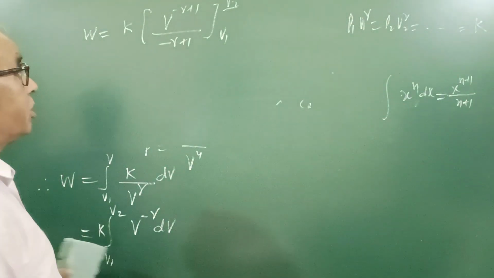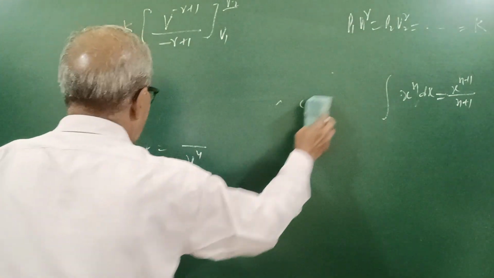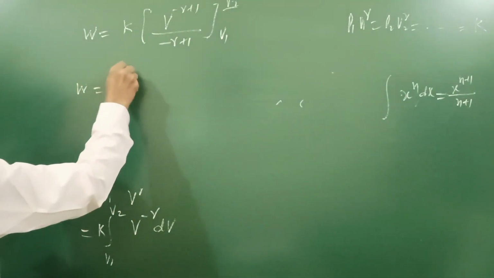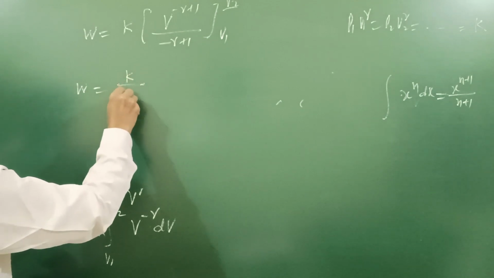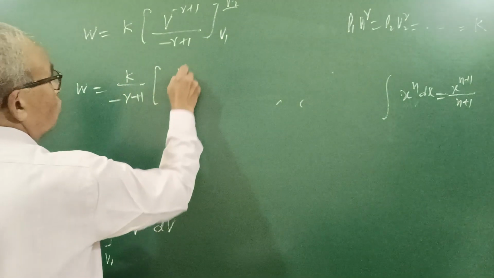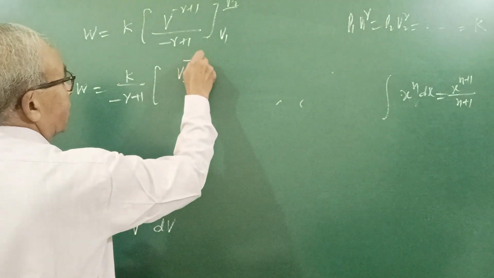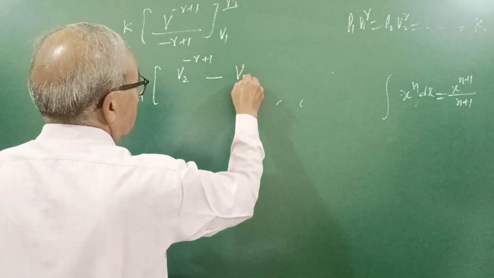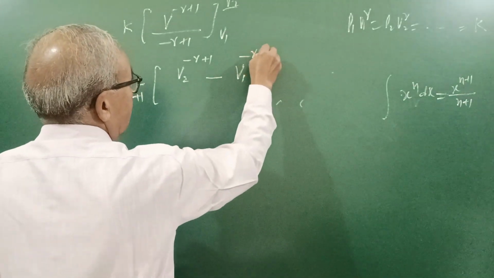Limit is this, or you can write it as W equal to K upon minus gamma plus 1 outside, and it is V2 to the power minus gamma plus 1 minus V1 to the power minus gamma plus 1.